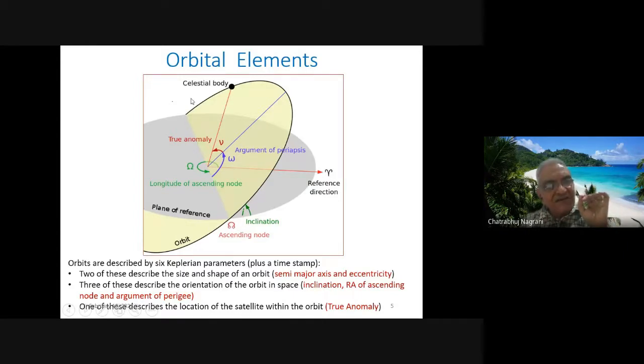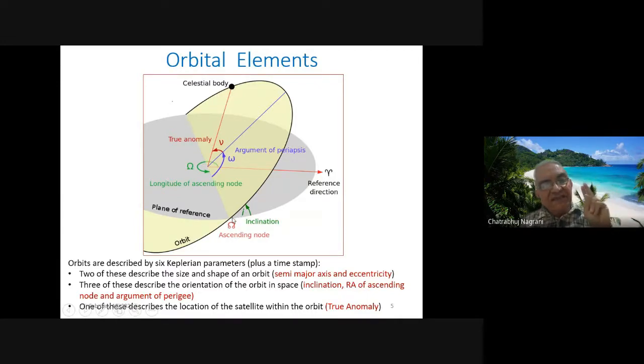Of course, they intersect in a line, but if you see the exact orbit, it will be 2 points. One point is where the satellite is going from below the equatorial plane to above the equatorial plane, from south to north, and that is called the ascending node. The other point is where it goes from north to south, and that is called the descending node.